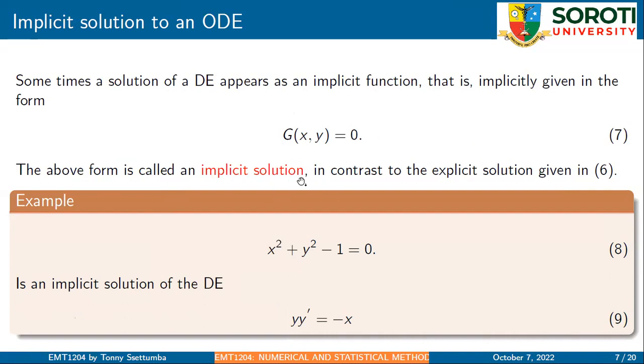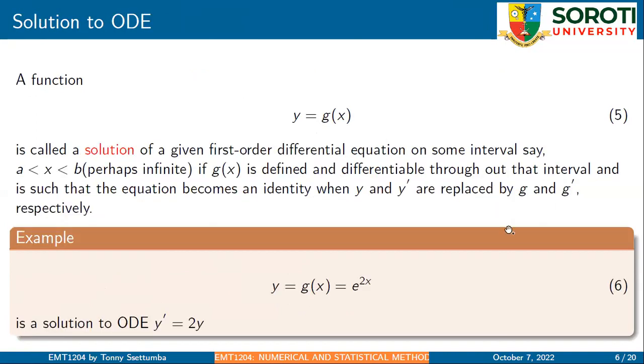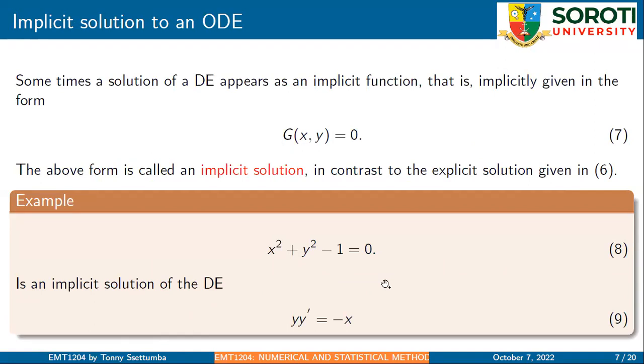So equation 7 is called an implicit solution, in contrast to the explicit solution that we have in 6. Example, I've given you this, which is an implicit solution of the DE given in 9.